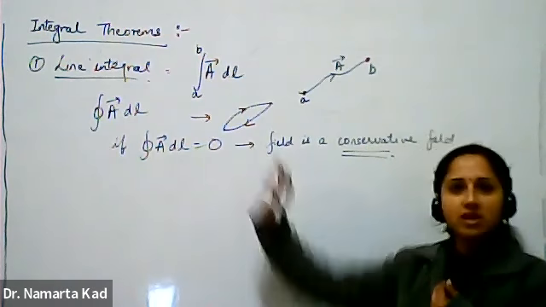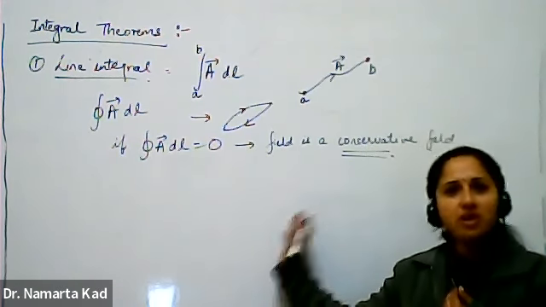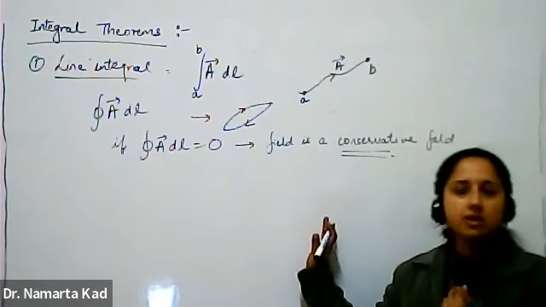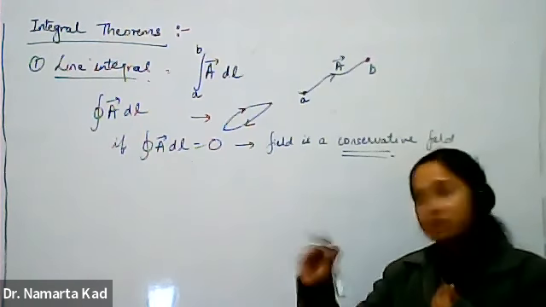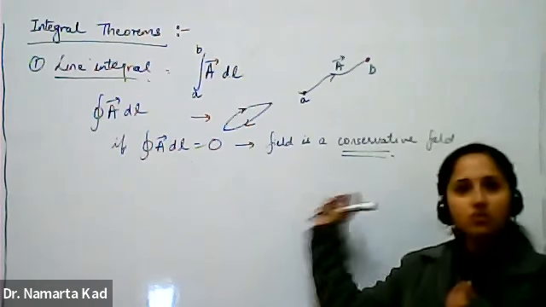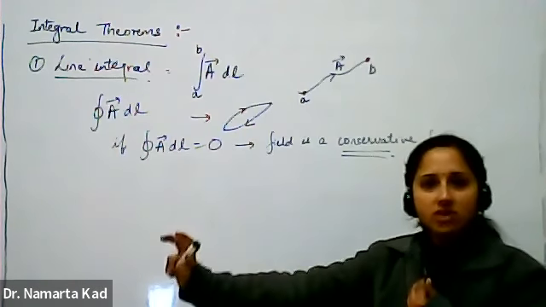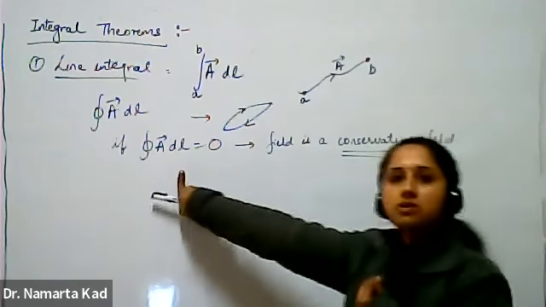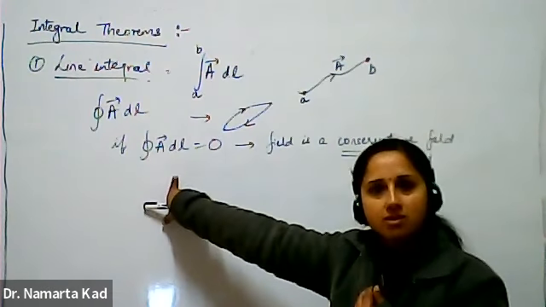If the line integral for any electric field or any other field is 0, then we call it a conservative field. Just remember this concept, because we have to use it in our derivations of boundary conditions. So for a conservative field, the line integral of that vector is 0.